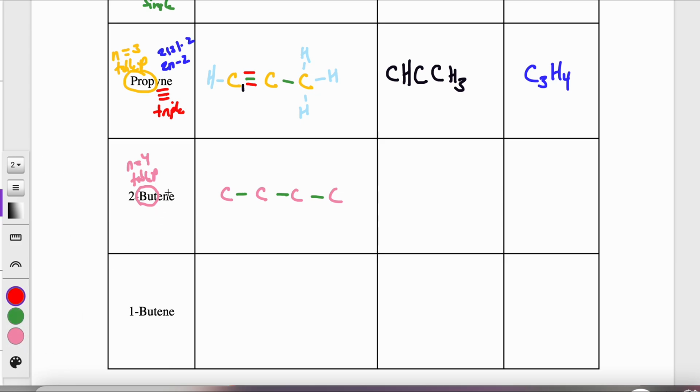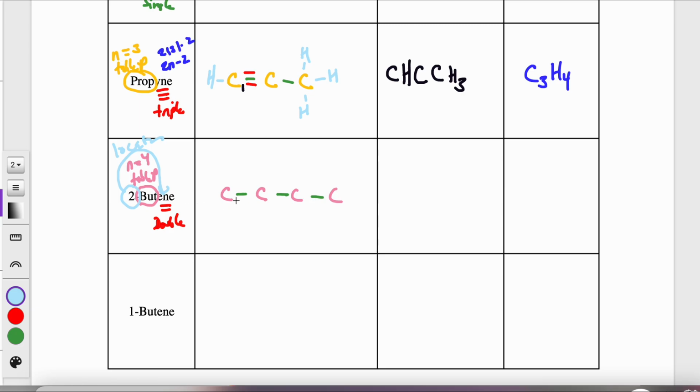But now I take a look at this and I see this ene, which means that there is a double bond in this structure. Now, what is a little bit new, and this is going to take practice, is this 2 here. It tells us the location of that double bond. So count your carbons left to right.